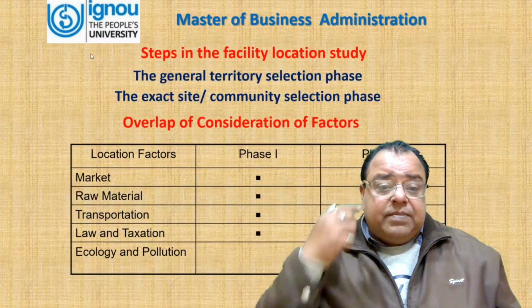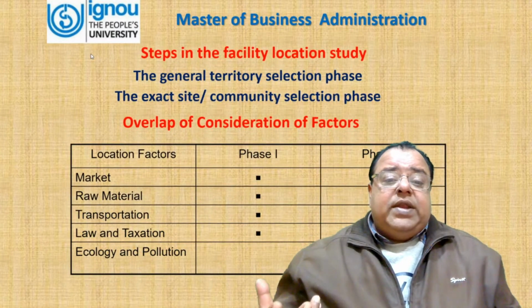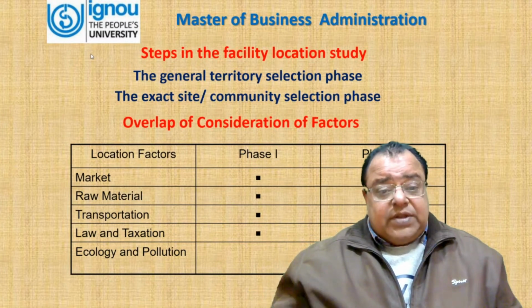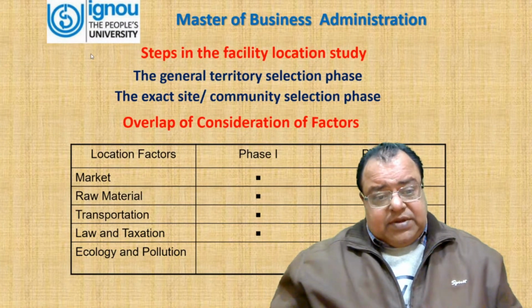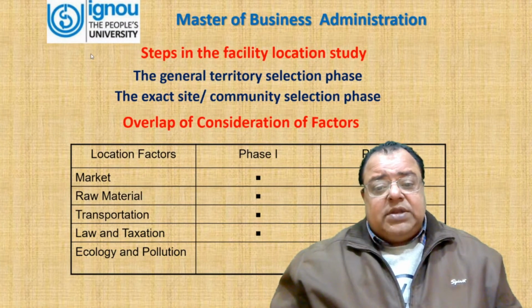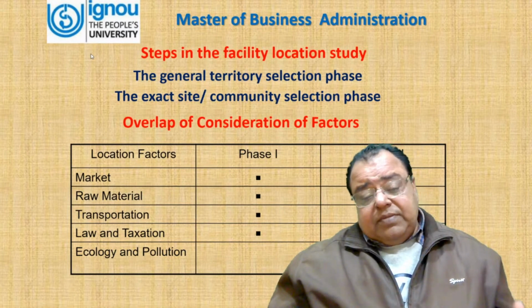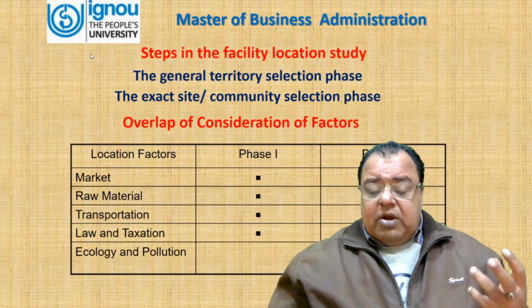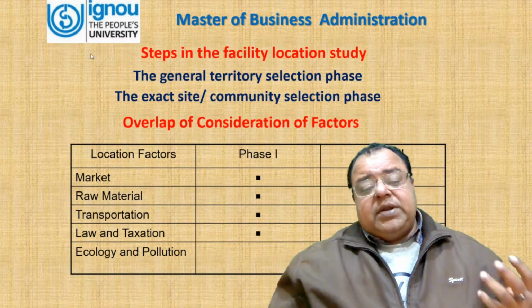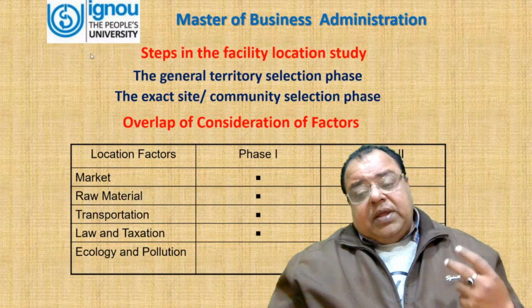What are the steps in the facility location study? First of all, it is the general territory selection phase, and the second one is the exact site or community selection phase. There may be some cases where the factors overlap, because we can see over here, location factors are market, raw material, transportation, law and taxation, ecology and pollution.